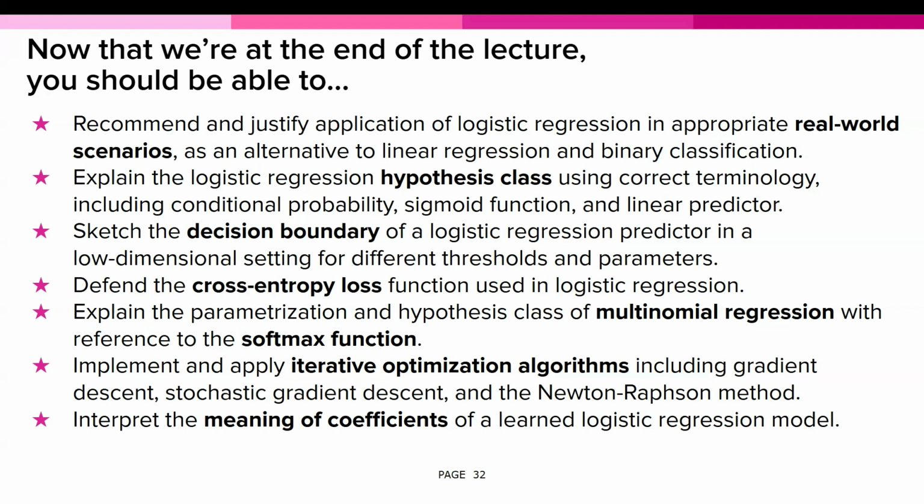Finally, we saw how to generalize this to the multi-class setting in multinomial regression, taking advantage of that softmax function to normalize across the output layers for each of the classes. And we encountered 3 algorithms for iterative optimization, specifically gradient descent, stochastic gradient descent, and the Newton-Raphson method.